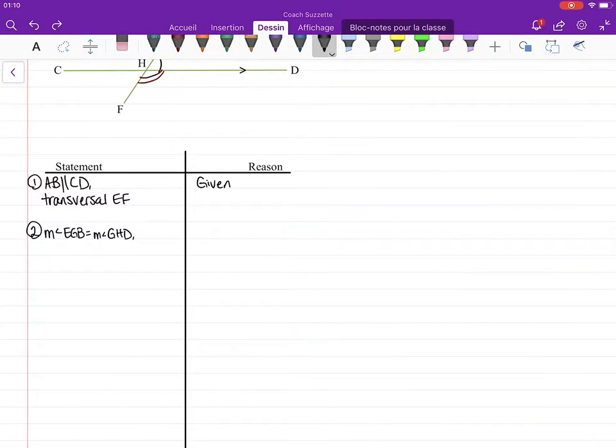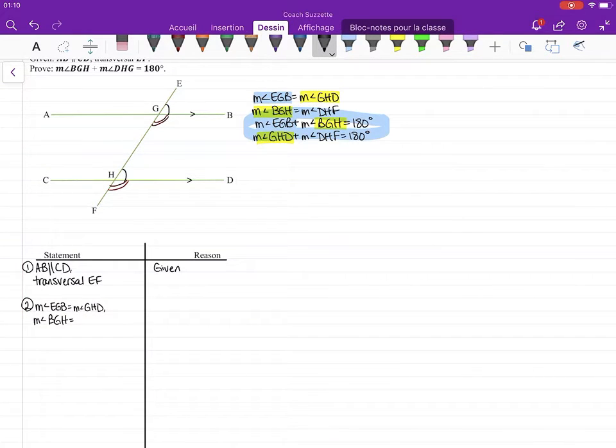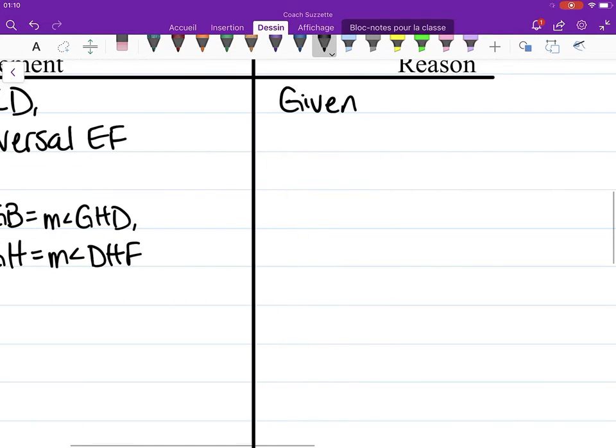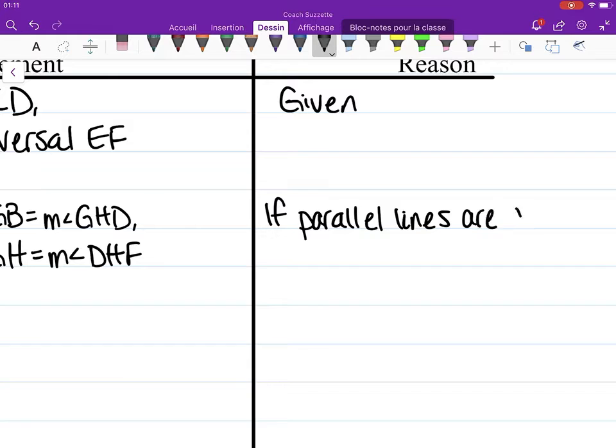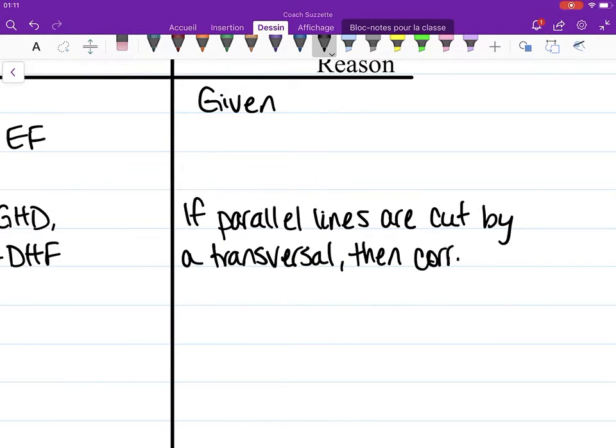So BGH is equal to measure of angle DHF, because if parallel lines are cut by a transversal, then corresponding angles are equal in measure.